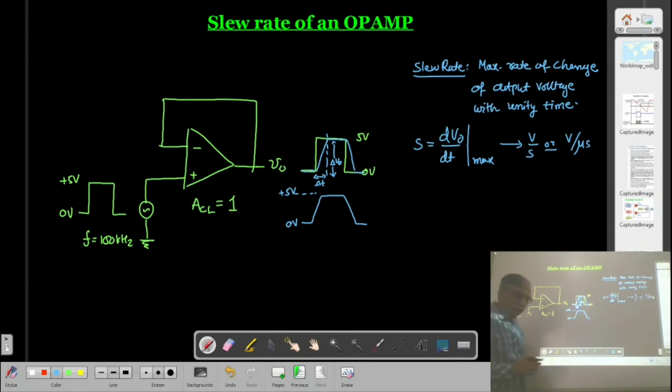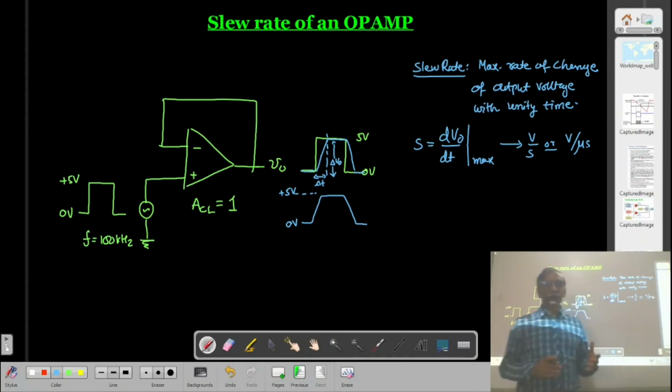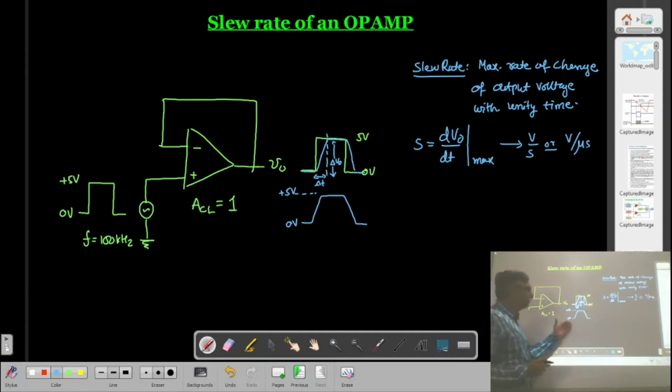And these capacitors are going to be charged and discharged. The charging rate and the discharging rate are different, and that's why the output signal is not suddenly changed to the maximum value. These capacitors are known as compensation capacitors.